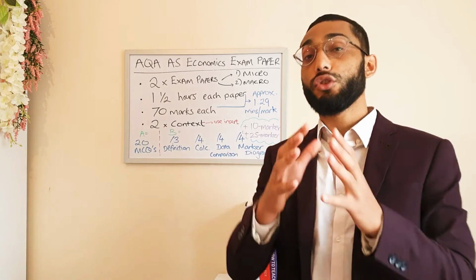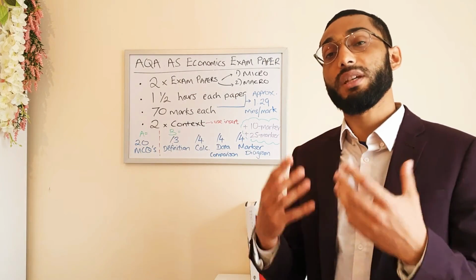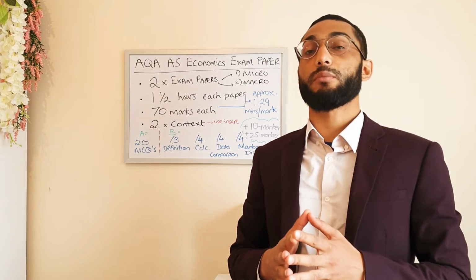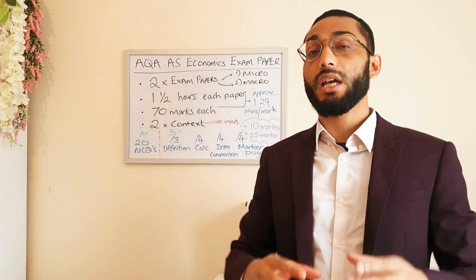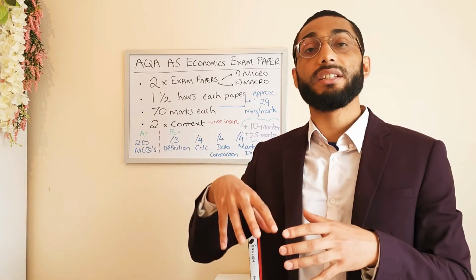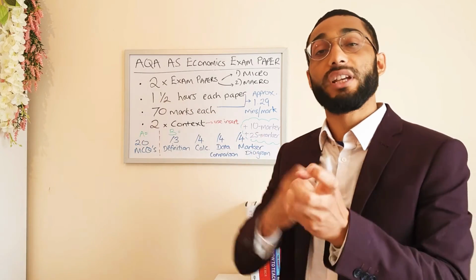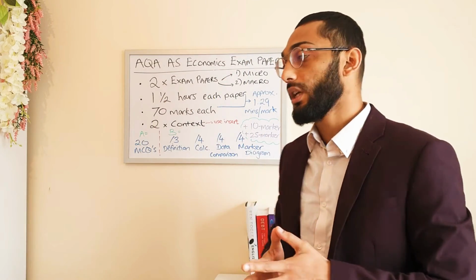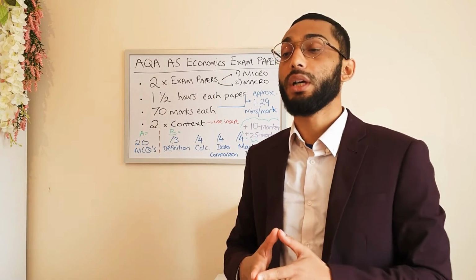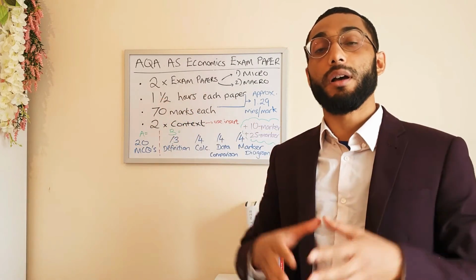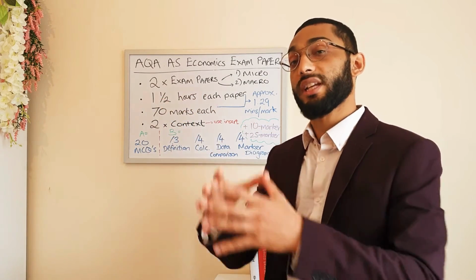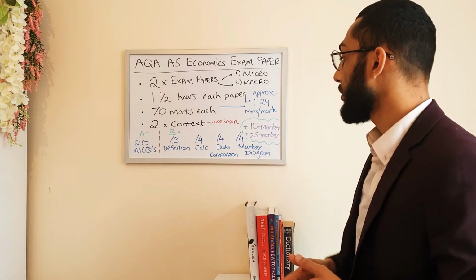So be careful, you could get those types of questions and you have to be confident and comfortable answering them. It will be based on the context, at times on data within the insert, and you have to extract the data and then create the chart, or the diagram if they ask you to draw one based on the context they give you. So that's the 4-mark diagram.